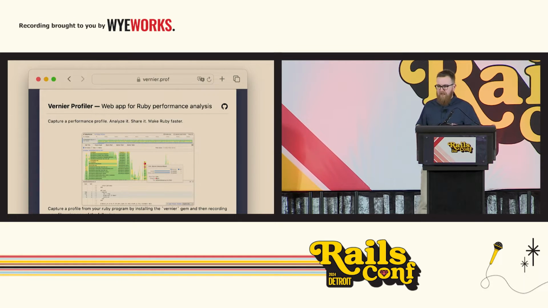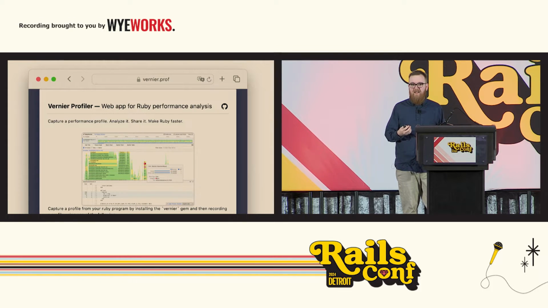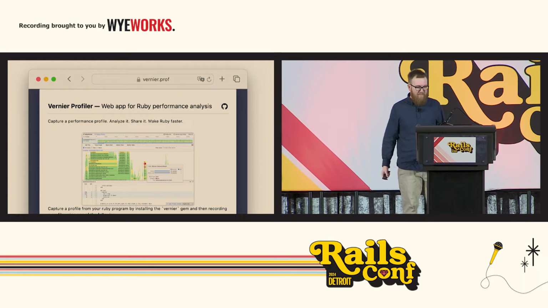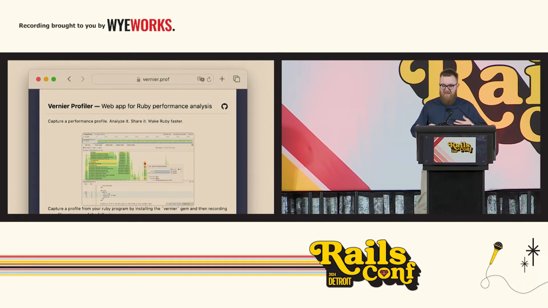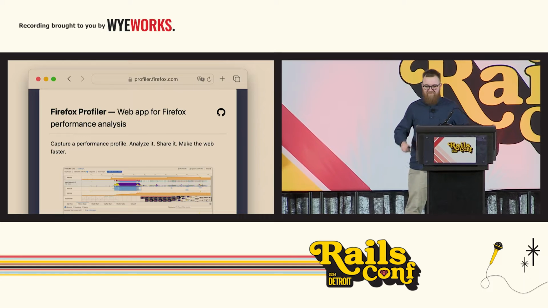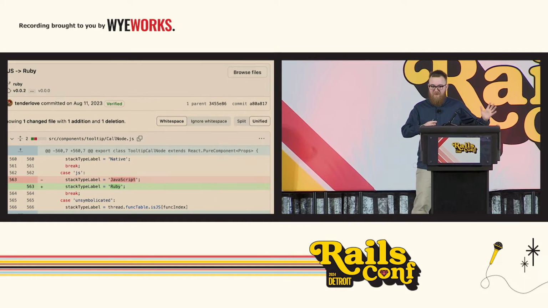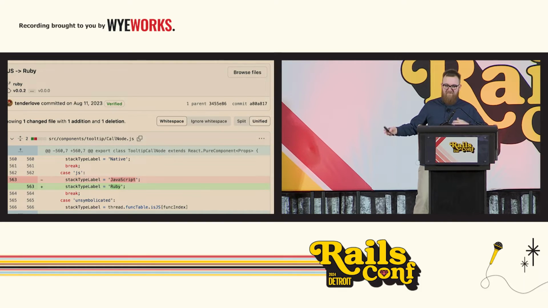It's a really great tool, and it has a really sophisticated and powerful way to look at these profiles. And I'm comfortable singing its praises because I did not write it. This is just a light skin over the Firefox profiler front end. Mostly, we've just gone through it and swapped out the word JavaScript for Ruby.